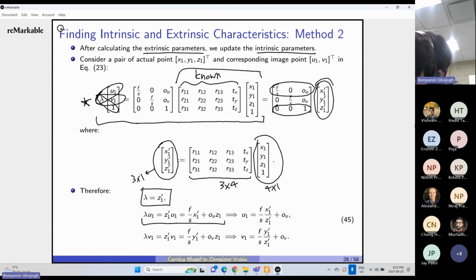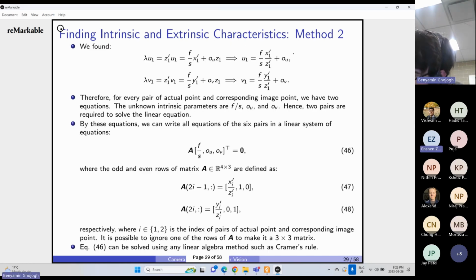Also lambda v1 equals this times this, right? Rearrange. What do I mean by rearranging? Divide both sides by lambda. We also know that lambda equals z1 prime, so I will get these two, right?